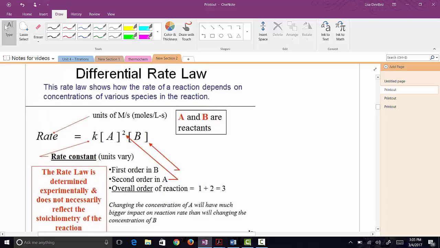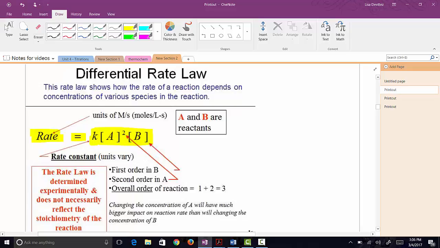So it has the form of rate equals K, which is our rate constant, and then we have the molarities of however many reactants we have. And each reactant is going to be raised to a power that indicates its order. The order gives you a measure of how much changing the concentration of this reactant affects the rate.